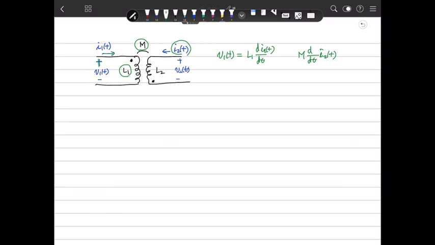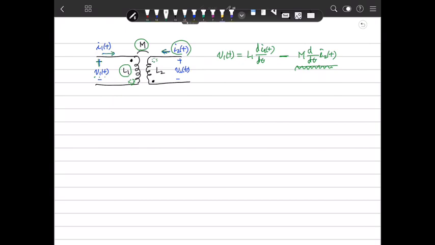But we need to figure out the direction of the voltage caused by i2(t). I2(t) is going into the non-dot terminal, so this voltage term has a plus polarity at the non-dot point here. But this is the reverse of i1(t). Therefore, we need to insert the minus sign here.